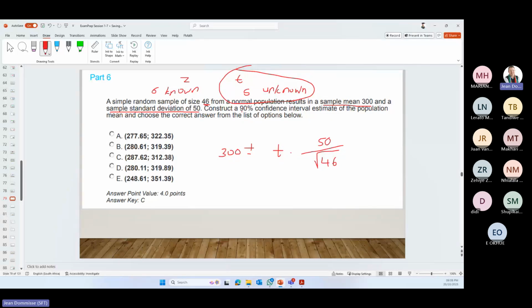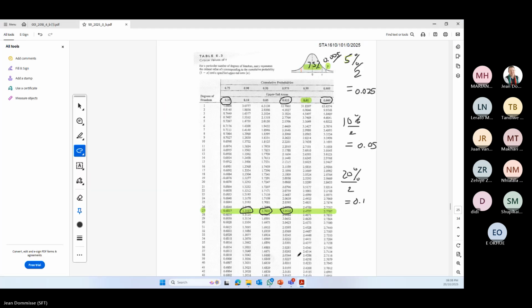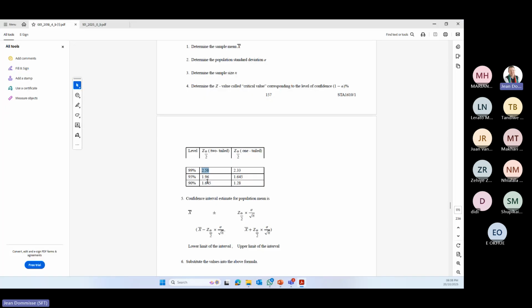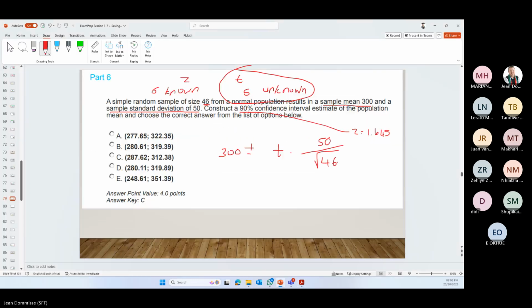So what can happen is if you said it's a Z where it's known, you go to 90. If it was Z, you would have said it's 1.645, because that is what is in the 90. But let's take a step back.